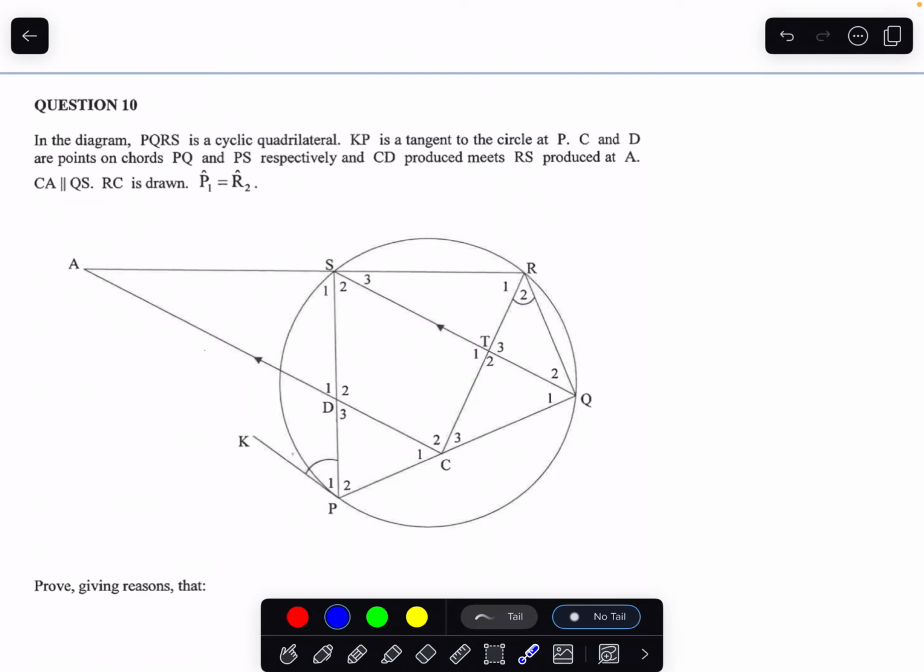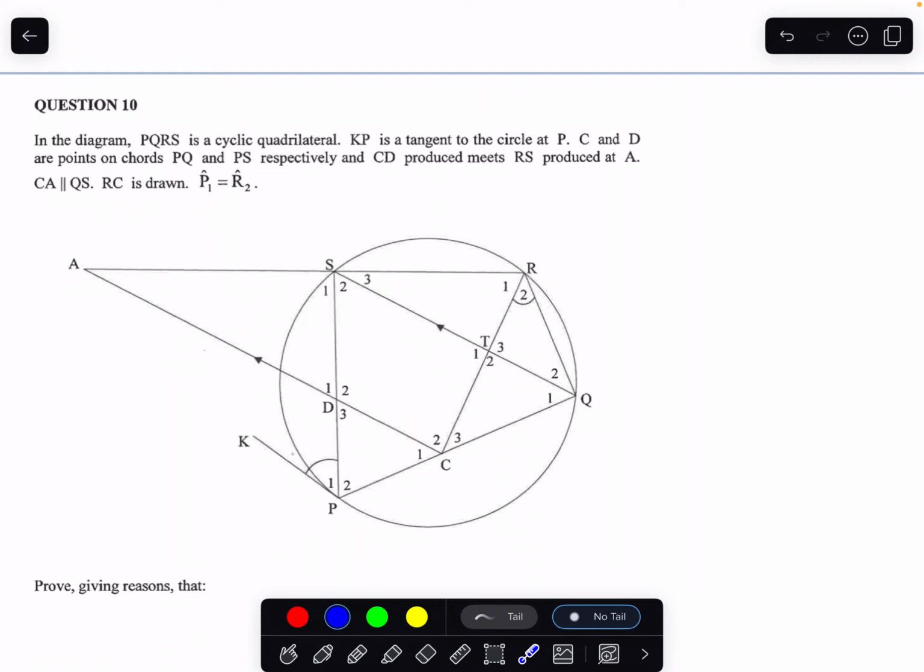Because the fact that we have this parallel line here means that the ratio of this to this is the same as the ratio of this to this. So because the ratio of this to this is equal to the ratio of this to this, it also makes sense that the ratio of this to the larger side is the same. I don't know if my reasoning is making sense, but it makes sense to me that the ratio of this to the whole side is the same as the ratio of this to the whole side.